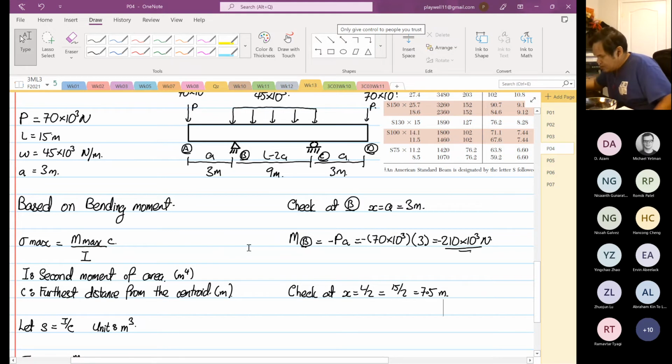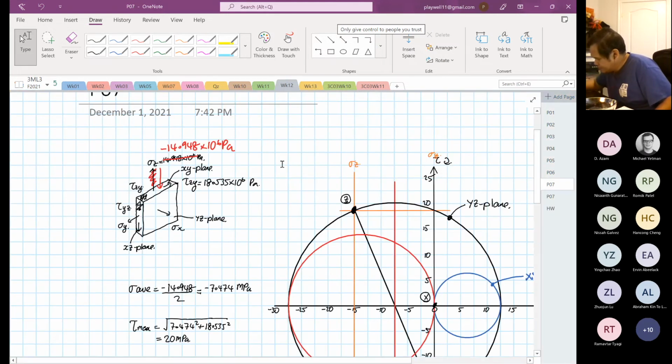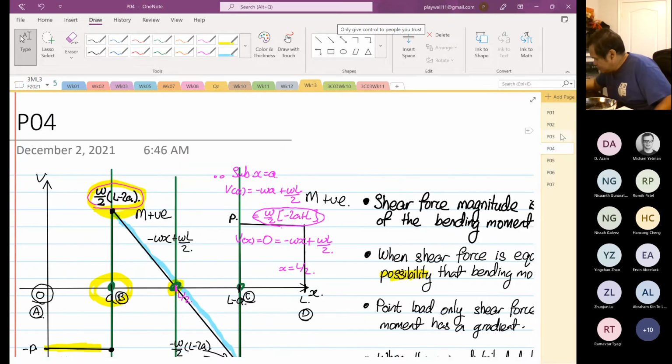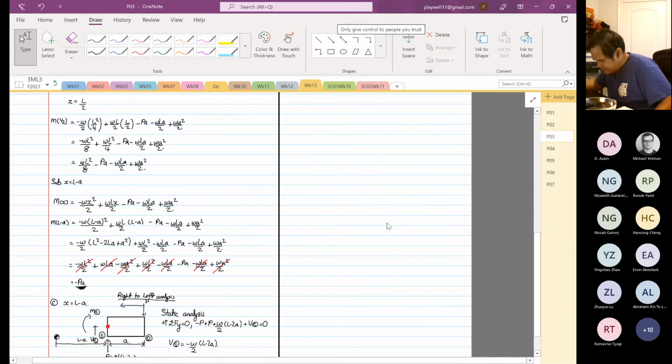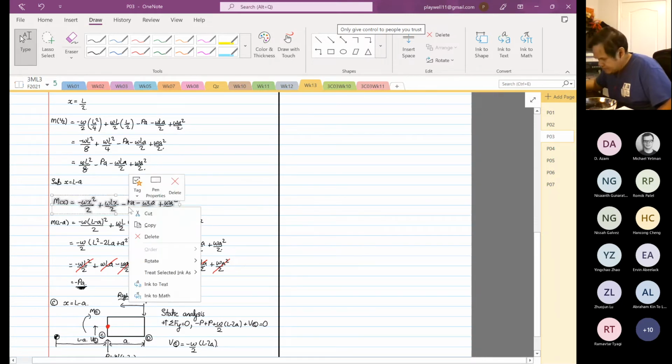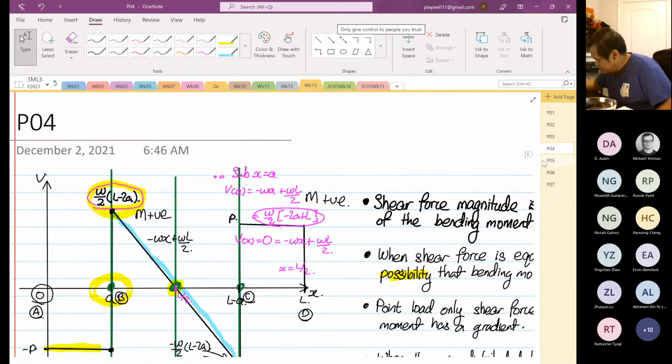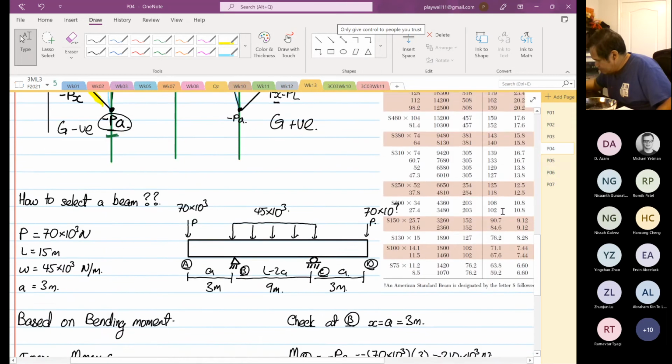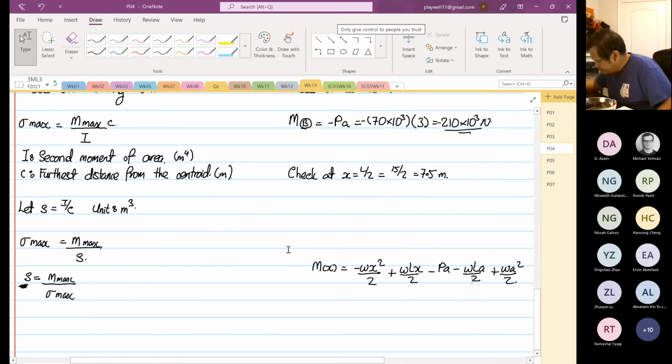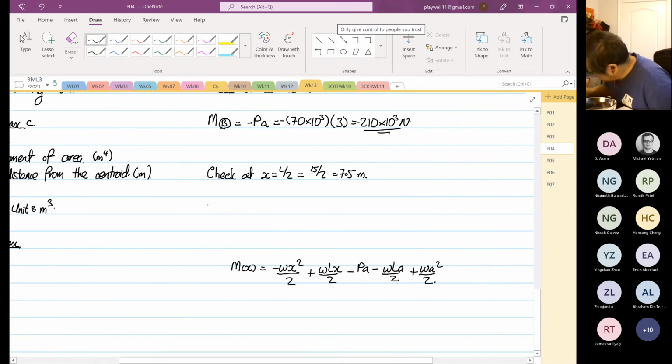So we go to our equation. Our equation looks like this. M at 7.5, we just put in our numbers. I can factor out the omega over 2.